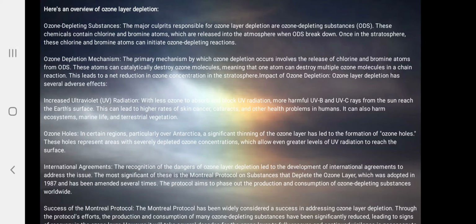When one atom of chlorine hits the ozone, it literally kills it, and thousands of them are killed by one atom of chlorine.